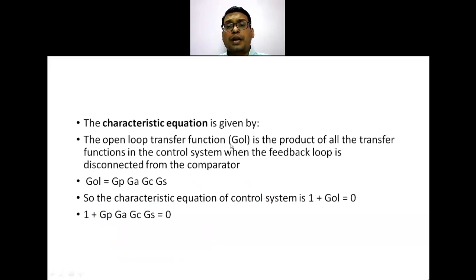So GOL is your open loop transfer function, which incorporates the product of all the transfer functions. So the characteristic equation of the control system is 1 plus GOL, 1 plus the transfer function of the open loop system.